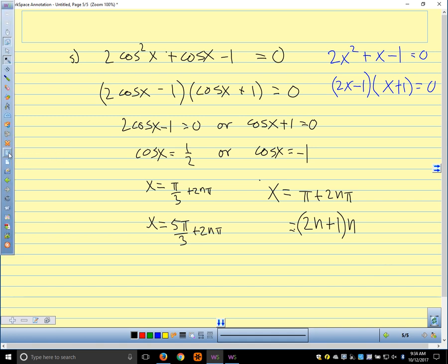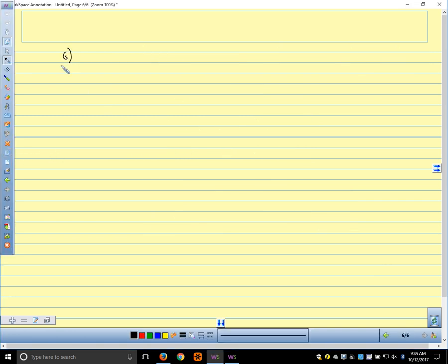But one thing we haven't done so far is we haven't gotten to use any identities. So let's look at another example that's a little different. Again, quadratic equation. Well, what's our issue here?